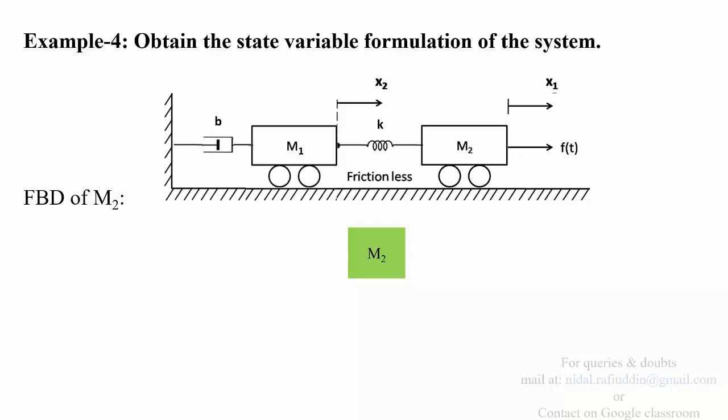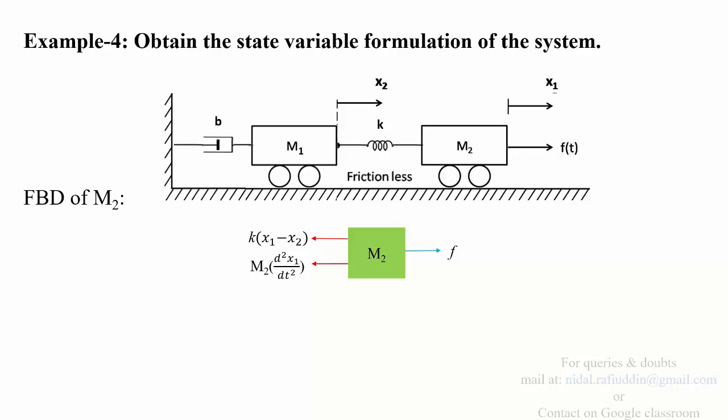Just as we did in the case of the transfer function, we will obtain the free body diagram of the masses, starting with the mass on which force is applied, which is M2. Since in the case of M2 you have force applied on the right side, you have resisting forces on the left side of the mass because of the spring and because of its inertia.